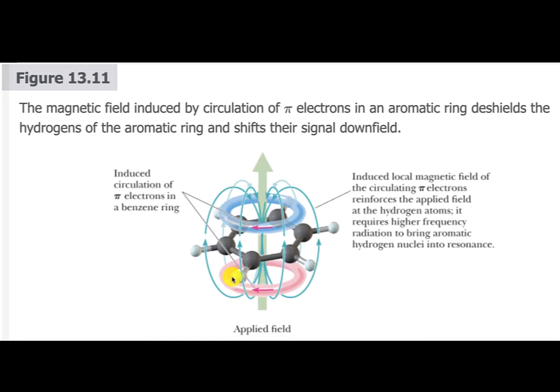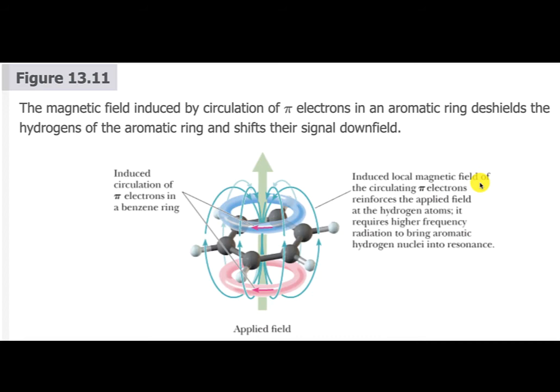And in doing so, it actually will align with the applied magnetic field. So now you have two forces that are interacting with each other constructively. And this is what they call the induced local magnetic field. Local means within the molecule. And then that applied magnetic field is reinforced.